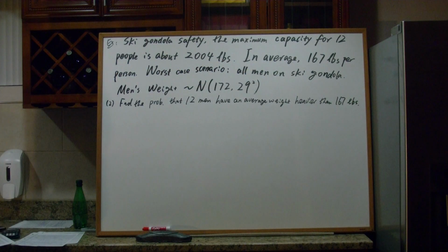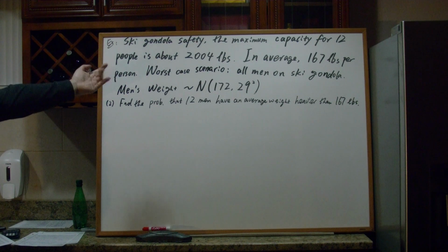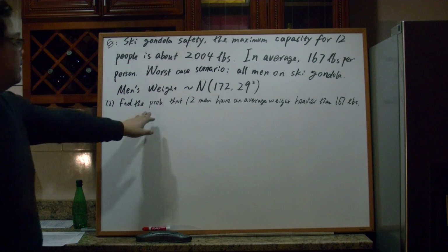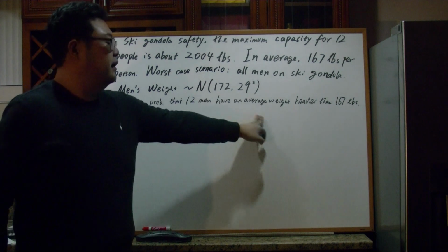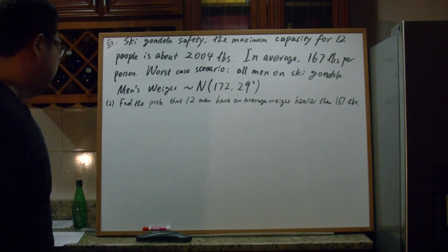In the question, the ski gondola needs 12 people to fit in. Find the probability that 12 men have an average weight heavier than 167 pounds.